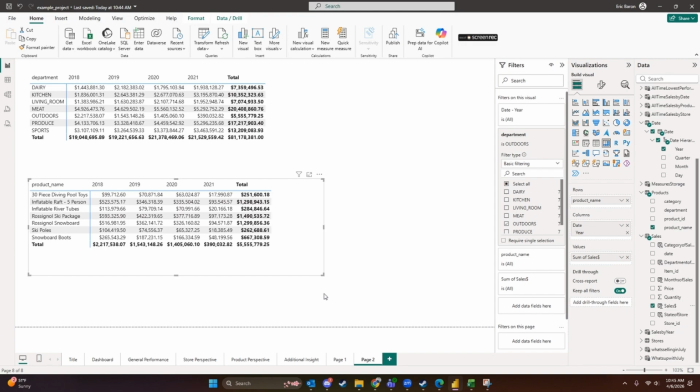Okay. So I am seeing that the entire department is just in total disarray. And we've got some really low performers like 30-piece diving tool, pool toys, inflatable river tubes.